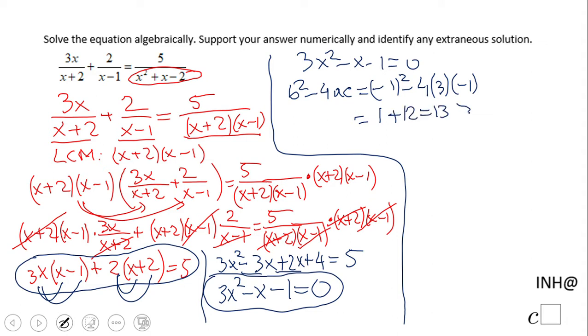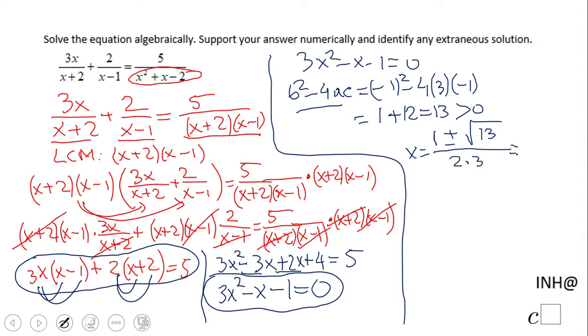This is more than 0, so we have two real solutions. Which ones are those? x equals negative b, that will be positive 1, plus or minus the square root of b squared minus 4ac, this guy, 13, over 2a, 2 times 3.